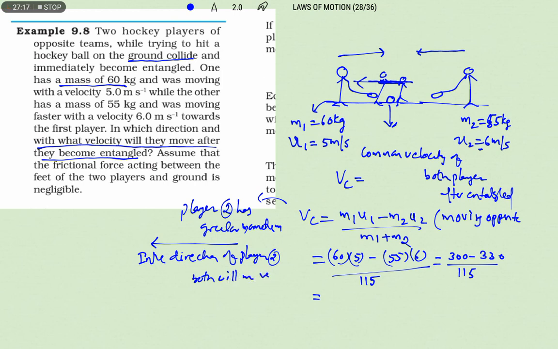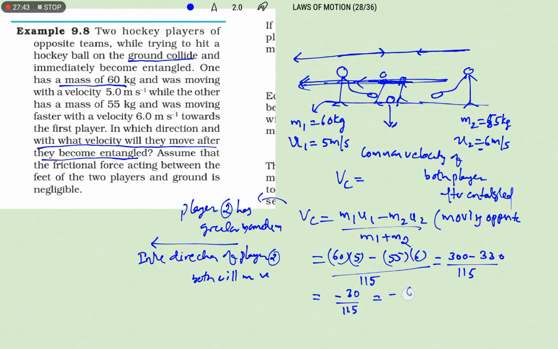That means after they become entangled, both are moving in the direction of player 2. Player 2 is moving along the negative axis, so after entangling also they are moving along the negative axis. If player 1 has the greater momentum, then both will move in the direction of player 1. Let us finish this. So minus 30 by 115.